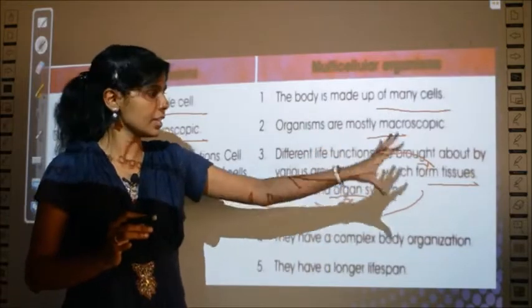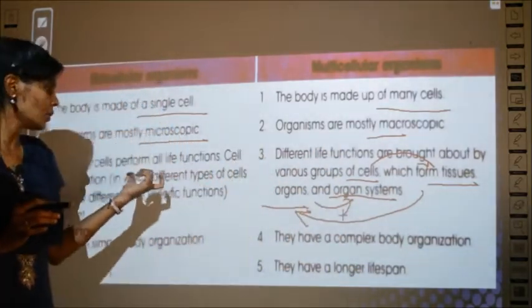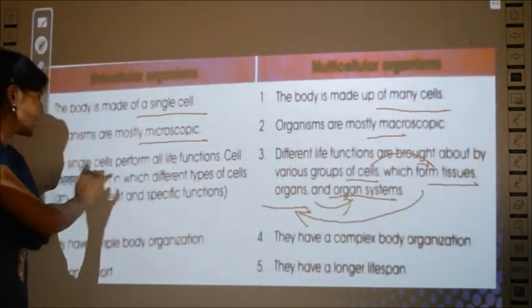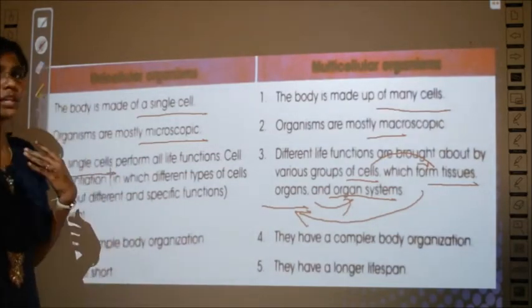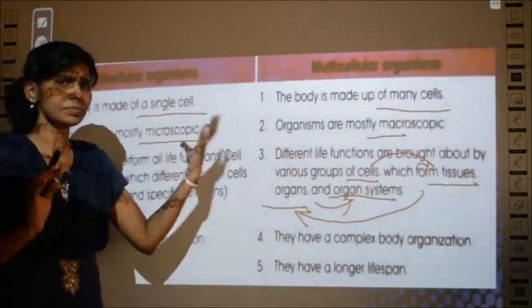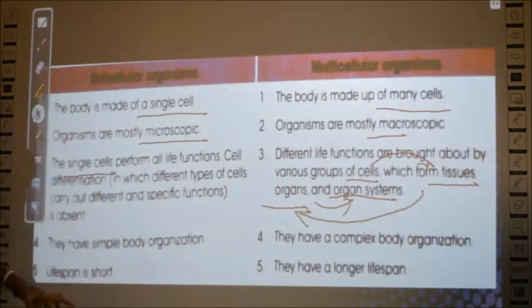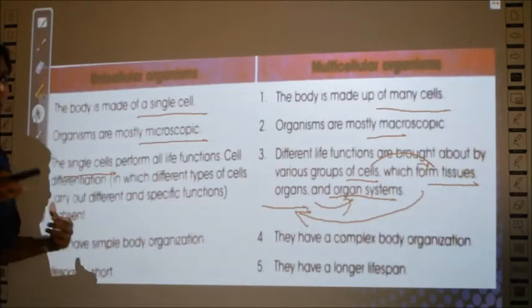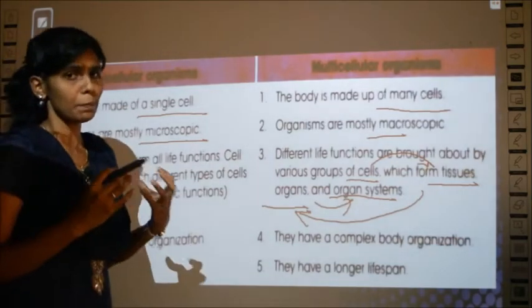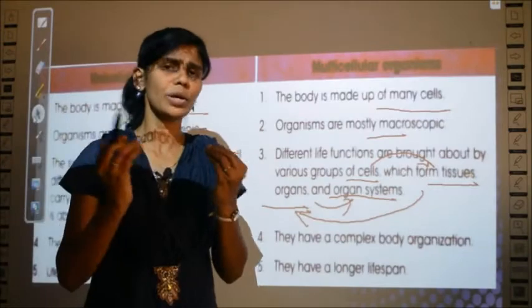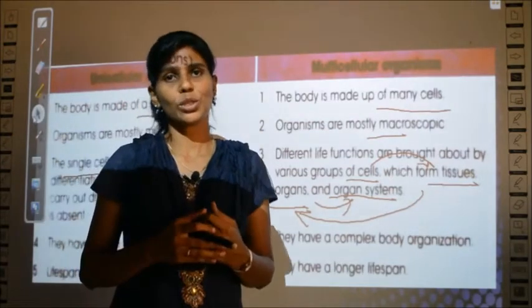So in multicellular organisms all these are present, whereas in unicellular organisms there is only a single cell that itself will do all the functions needed for the life and survival of the organism. They have a simple body organization and their lifespan is short. Simple body organization means they don't have any complicated structures in their body.